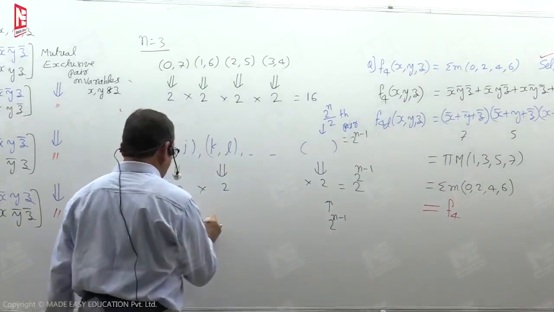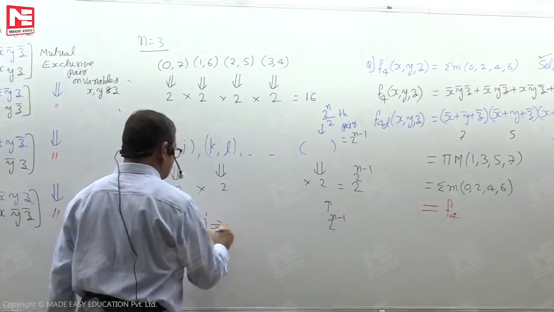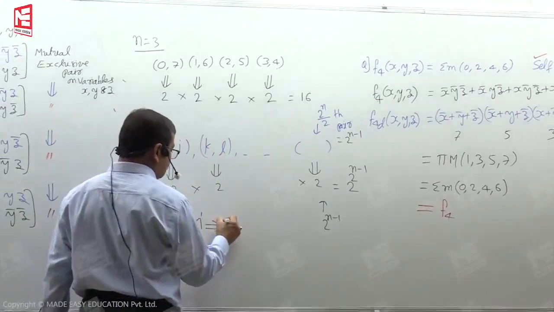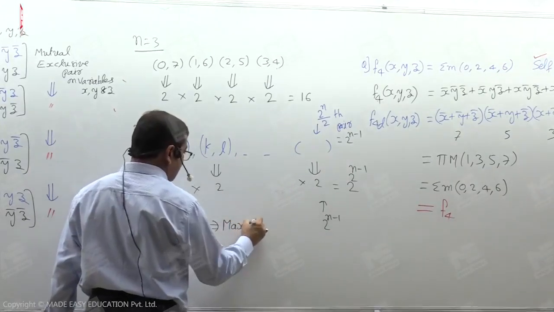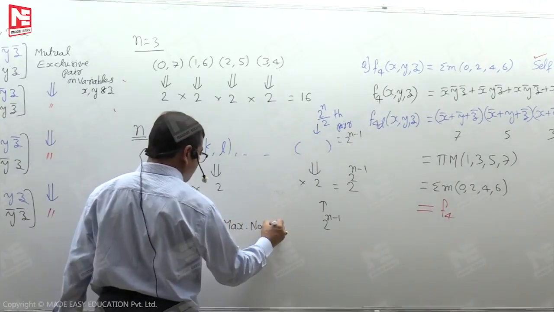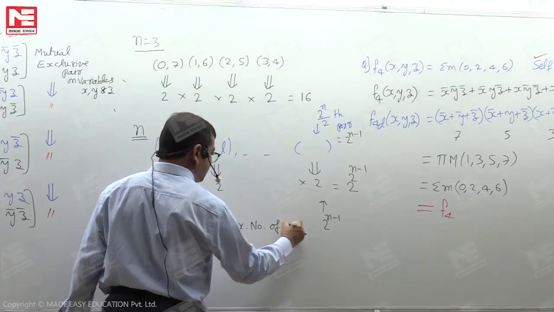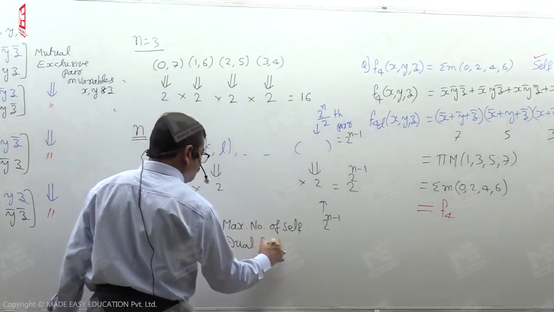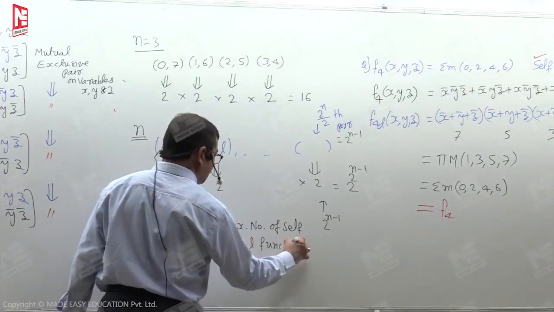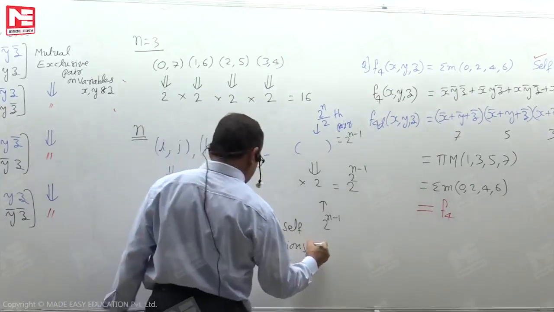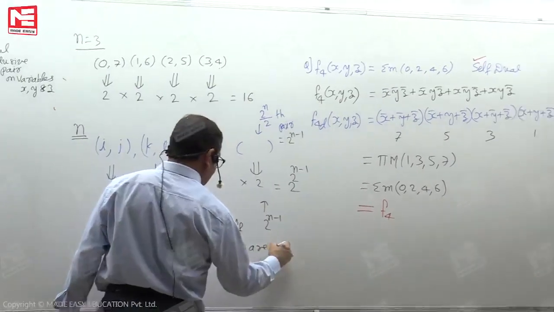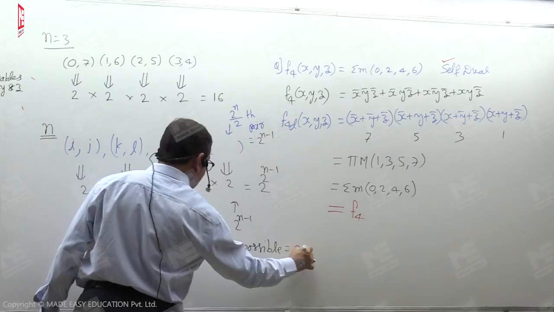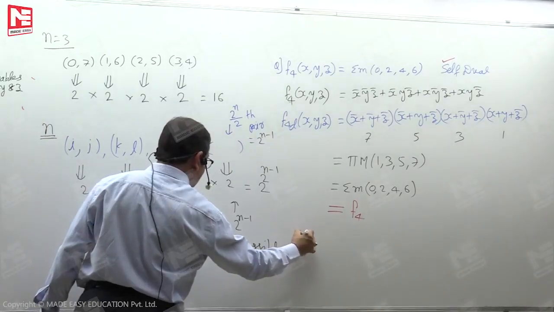By using n Boolean variables, we are taking the statement: maximum number of self-real functions possible. The answer to this is 2 to the power of 2 to the power of n minus 1.